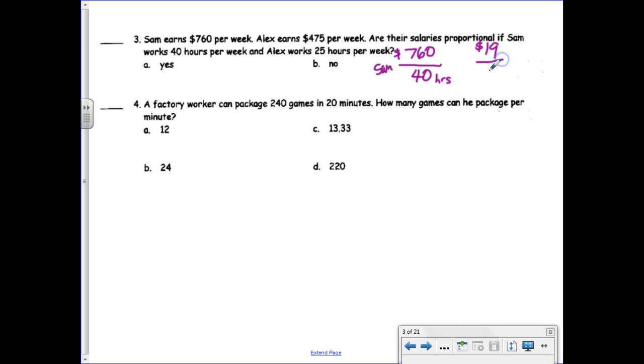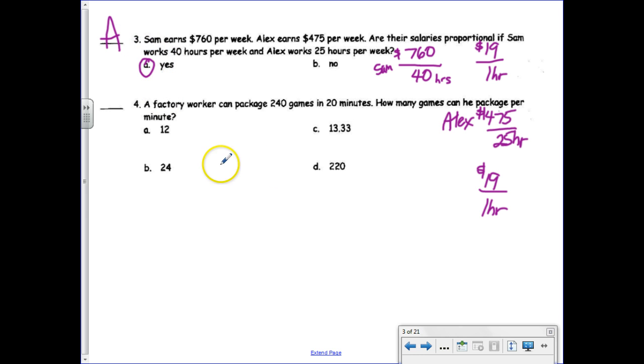Okay? Now you need to do the same thing for Alex. Alex earned $475 for 25 hours of work. What is his hourly rate or the unit rate? He also ends up with $19 an hour. So, yes, indeed, their salaries are proportional. They're earning the same rate.